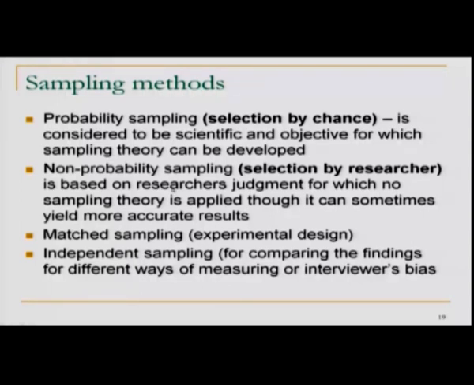Non-probability sampling means selection by researcher is based on researcher's judgment, for which no sampling theory is applied or can be applied, though it can sometimes yield better, more accurate results. There may be mass sampling, this we might take up while discussing experimental design, and independent sampling for comparing the findings for different ways of measuring or for interviewers' bias.